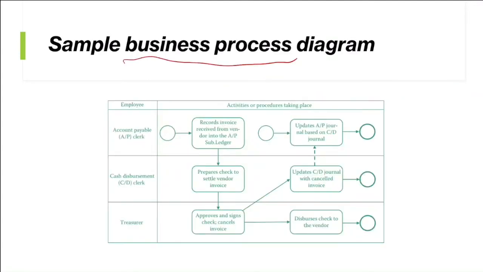We also have a sample business process diagram. So usually we have the entity performing, in this case, the employees, and then the activities and procedures taking place within their purview.